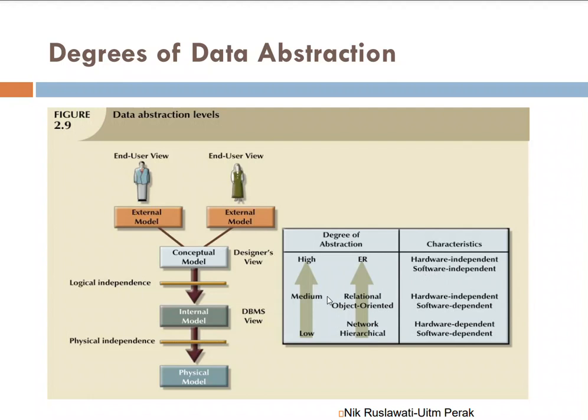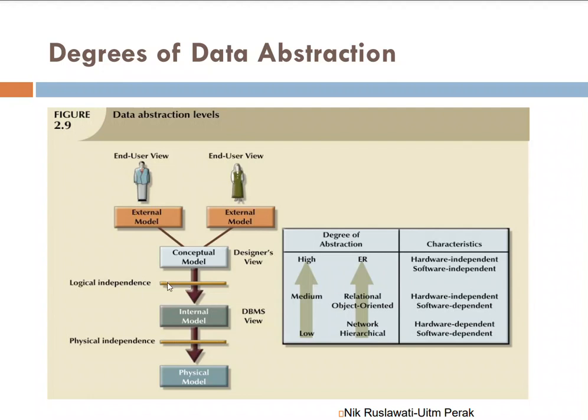Jadi dia tidak bergantung kepada sebarang hardware ataupun software. So, and then when we move to the second degree, the medium degree of abstraction, it is hardware independent, but it depends on software. Okay, then when we go down to low degree of abstraction, it depends on both hardware and software.